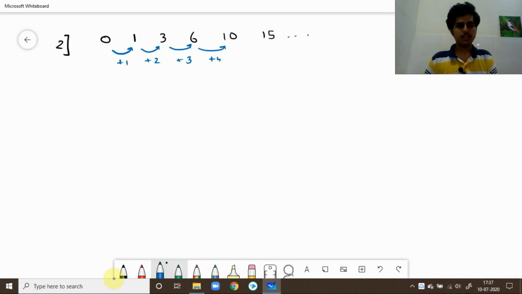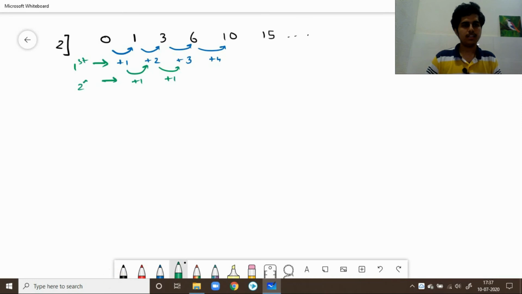So let me calculate the difference of the difference. Here these are called the first term difference, and the second row is the second term difference. So if you see, this time my second term difference is constant.